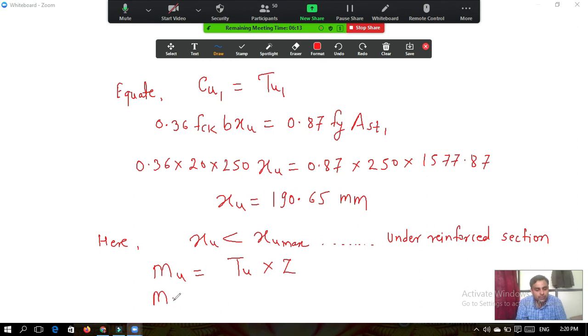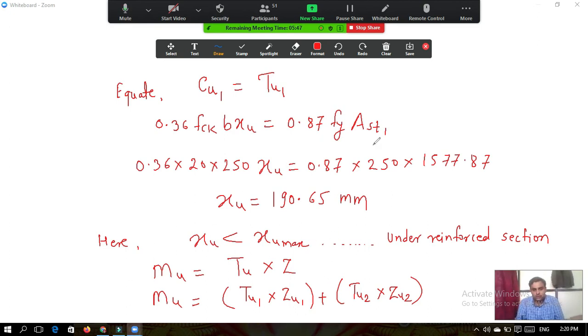So your MU will be, MU is equal to, what is the formula? So TU1 into ZU1 plus TU2 into ZU2. So this is the formula. So now just you have to elaborate the formula and just put the values.